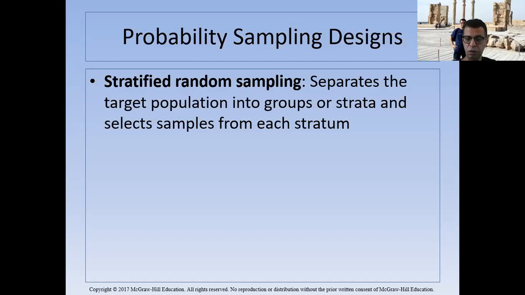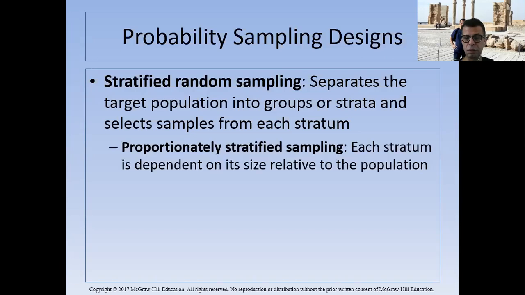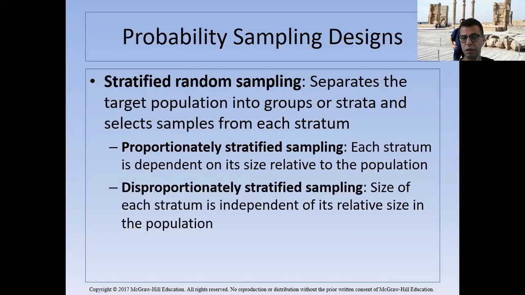Then you select units from these groups, proportionally or disproportionately. Proportionally means each stratum's sample depends on its size relative to the population, so you say, I'm going to do 5% here.